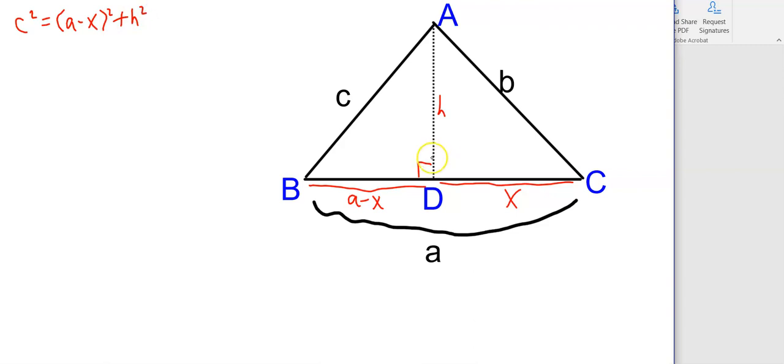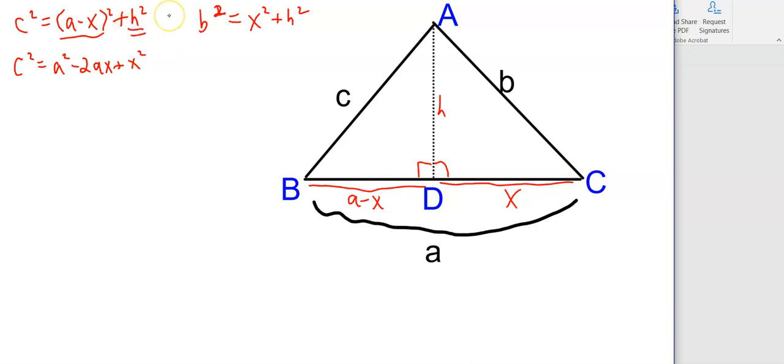And then for the right triangle on the right, I'm going to say b squared equals x squared plus h squared. So I'm going to do some FOILing here. So c squared equals, if I FOIL that out, a squared minus 2ax plus x squared.